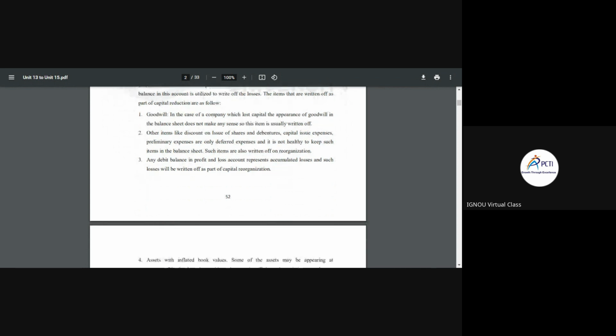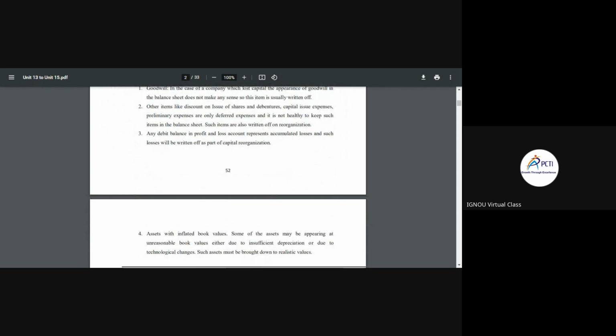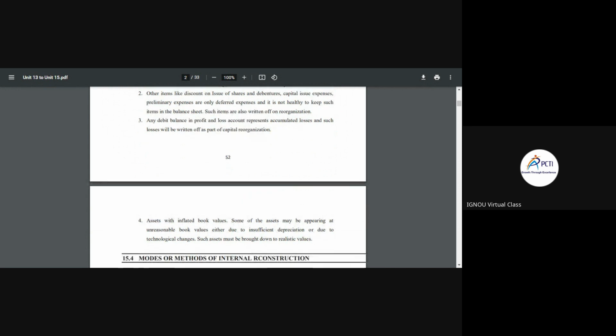Next point will be any debit balance in profit and loss account, which represents accumulated losses, and such losses will be written off as part of capital reorganization.